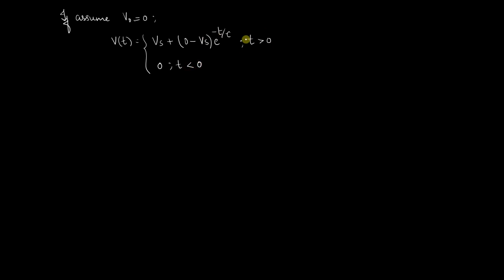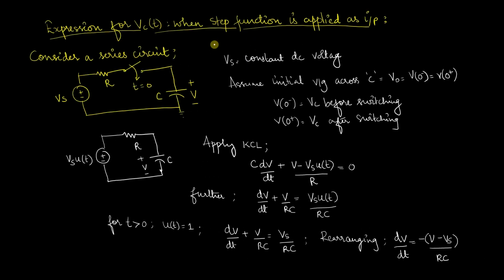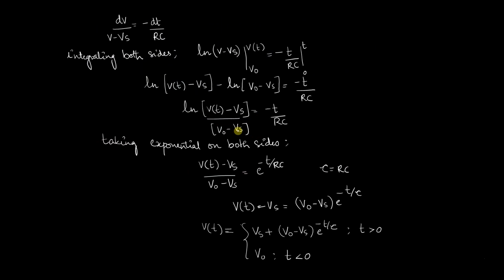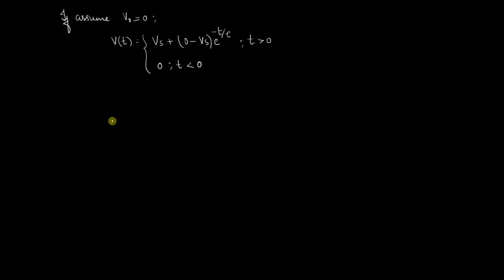Now this condition is similar to that of the step function. Since we evaluate for t greater than 0 and t less than 0, I can write this in terms of the step function as V of t equal to Vs, the common term, into 1 minus e power minus t by tau into u of t.